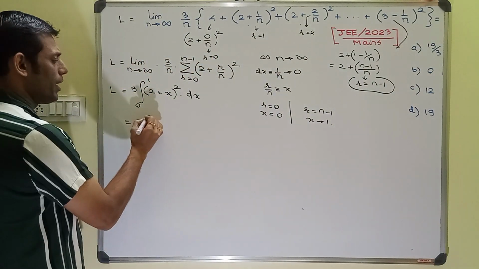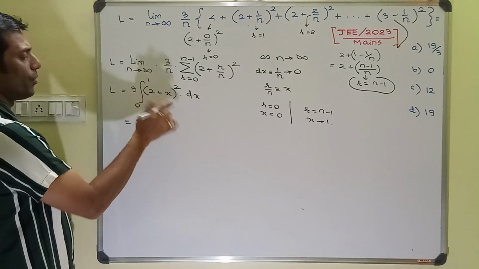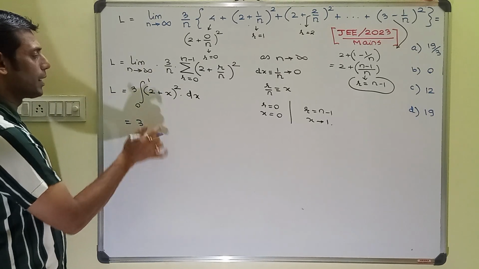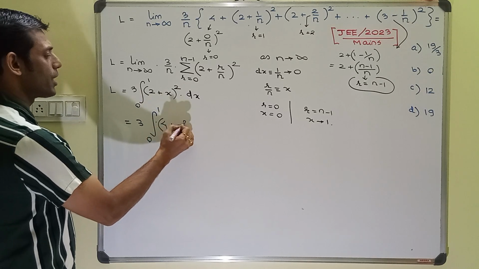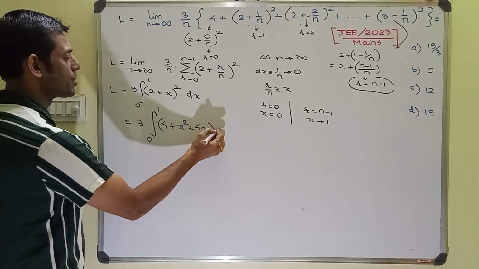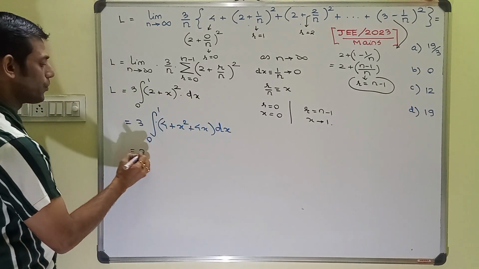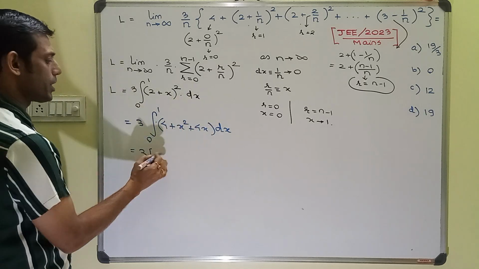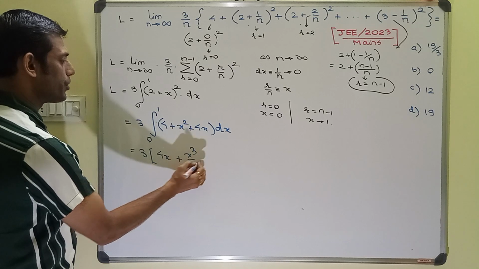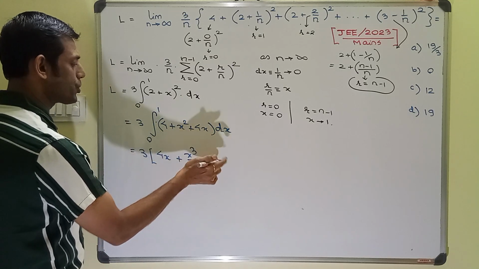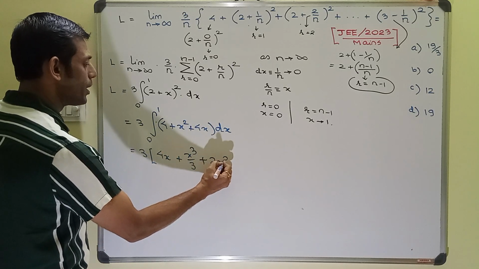Now going ahead, this is going to make an integral of 0 to 1 for 4 plus x square plus 4x dx. So therefore 3 times 4 times x plus x cube by 3 and then x square by 2, that means 2x square.